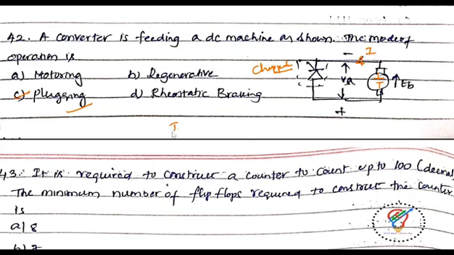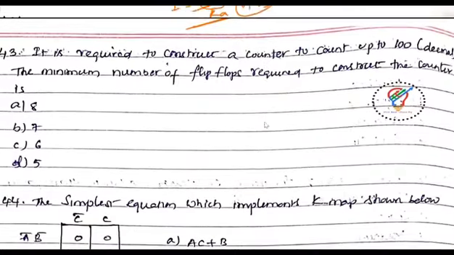The basic formula is I is equal to (V plus Eb) by R. So this is the basic concept in the case of plugging. In plugging, the voltage V and the EMF Eb are both in the same, that is additive, direction. Remember this point. In normal mode of operation they oppose each other, but in plugging mode both are in the same direction.